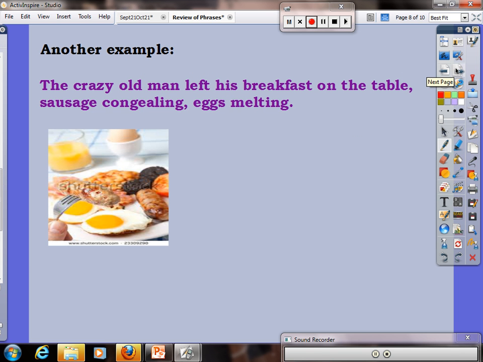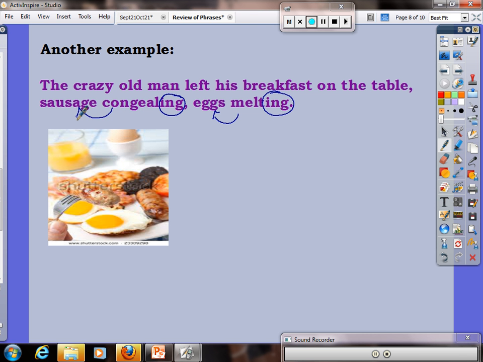Let's look at another example. The crazy old man left his breakfast on the table, sausage congealing, eggs melting. That's disgusting. Okay. The crazy old man left his breakfast on the table. I'm looking for the ing words because I know with an absolute I have to have a noun and an ing word. So here's congealing, and melting. I look at the word right in front of each, and those are both nouns.